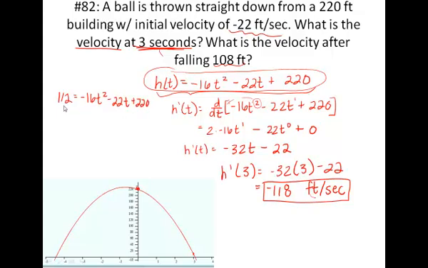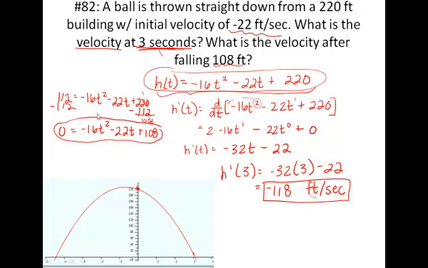So this is where you're going to need to use just good old algebra to figure this quadratic out to solve for the solution. So it's going to be 0 equals negative 16t squared minus 22t plus 108. Okay, so you need to solve this, and you're going to need the quadratic formula.